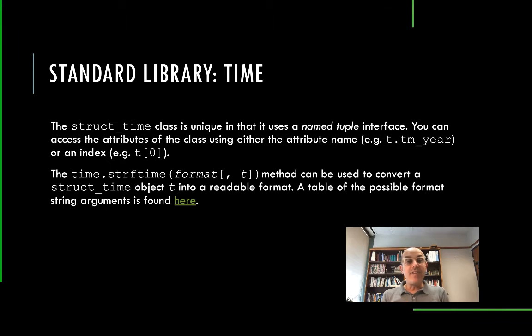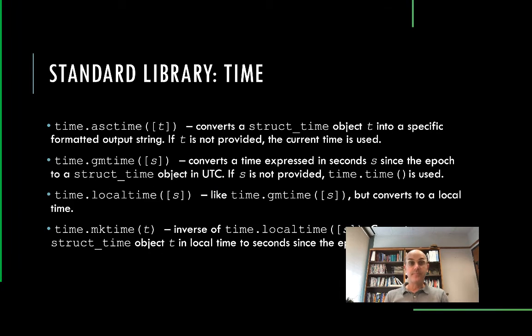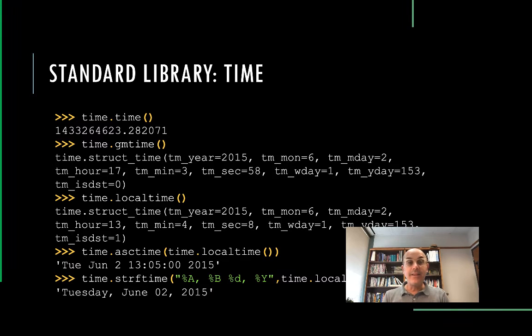Again, I'm providing you with an example that you'll be able to see, and a table of possible formats for the string argument can be found here. And again, I try to give you a layout of how the structure is converted. This is the outline of how to do that in that time.